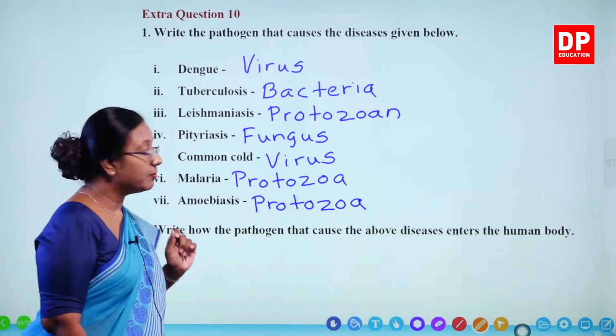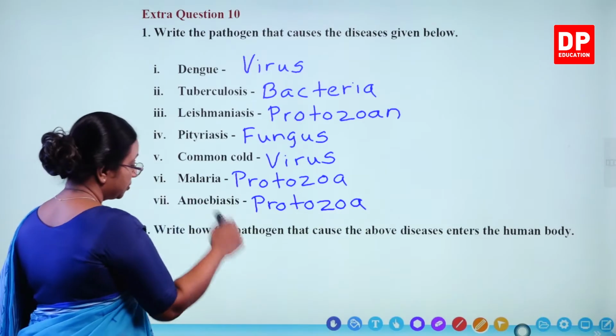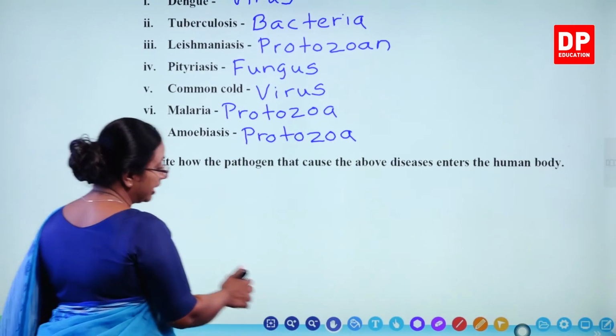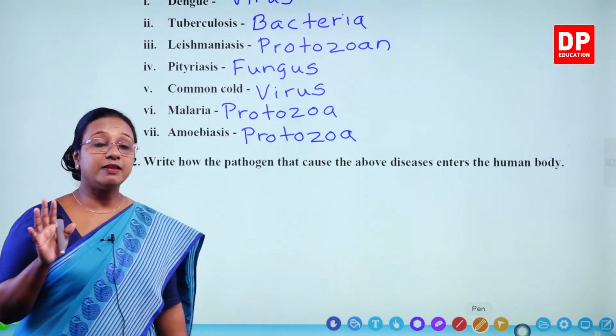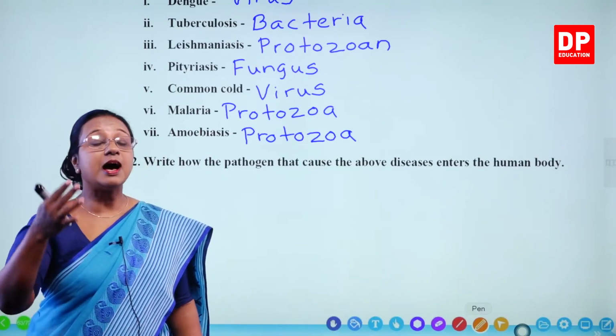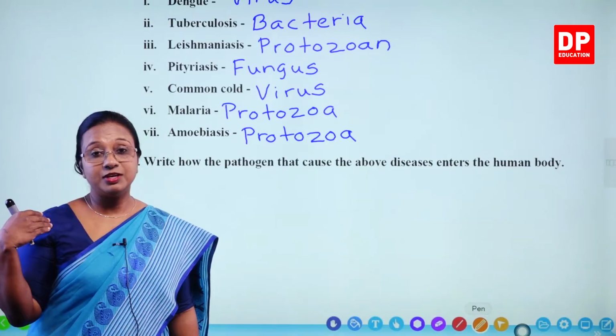With that, I will move on to the next one, the second question. Write how the pathogen that causes the above disease enters the human body. So here we will have to write down the way the pathogens enter the human body. Now you can remember, students, there is a way how the pathogens are brought to us and the way it enters our body.